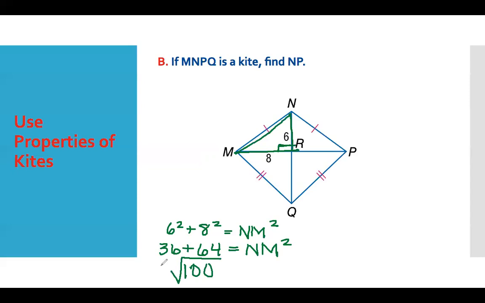And then the square root of 100 is going to be NM, and so that's equal to 10. So this is 10, and if this side is 10, then this side is 10 as well. So NP is equal to 10. Any questions?